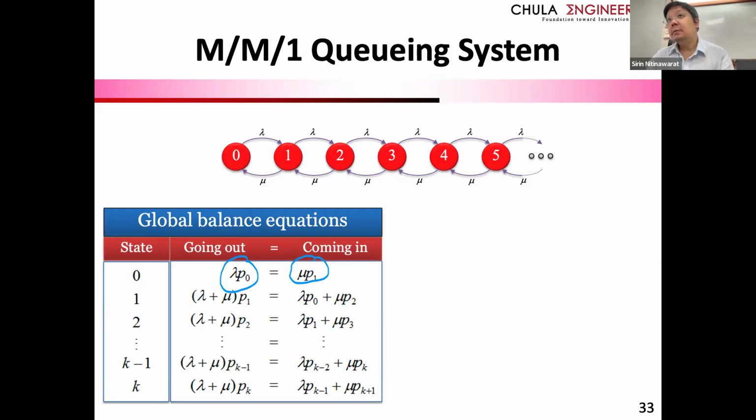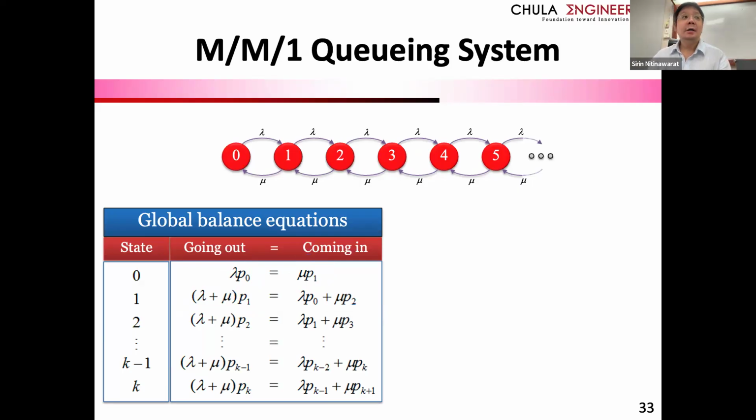You can go out of a target state in two ways, right? Going up or going down with rate lambda or mu, respectively. You can come into it from above or below, with rate mu and lambda, respectively. So this pattern recurs for all other non-zero states.